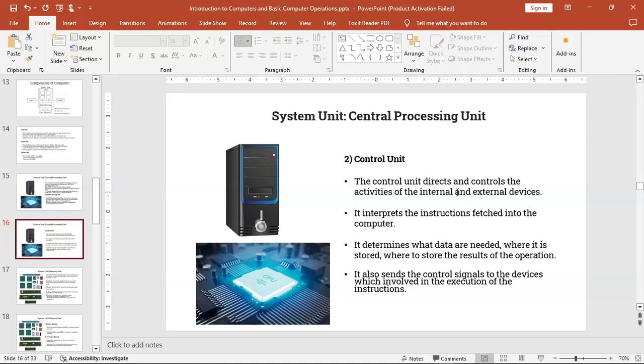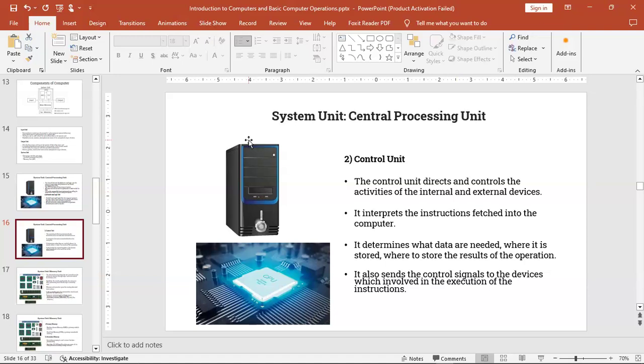Now, what controls the other parts of your body, like to say, okay, stand up, walk 3 steps, go and fetch water? It is the control unit. That is the second part of the central processing unit that does that. So the control unit directs and controls the activities of the internal and external devices.